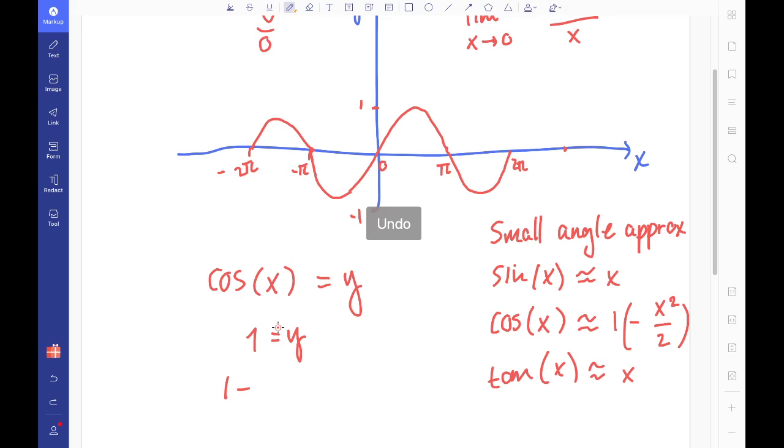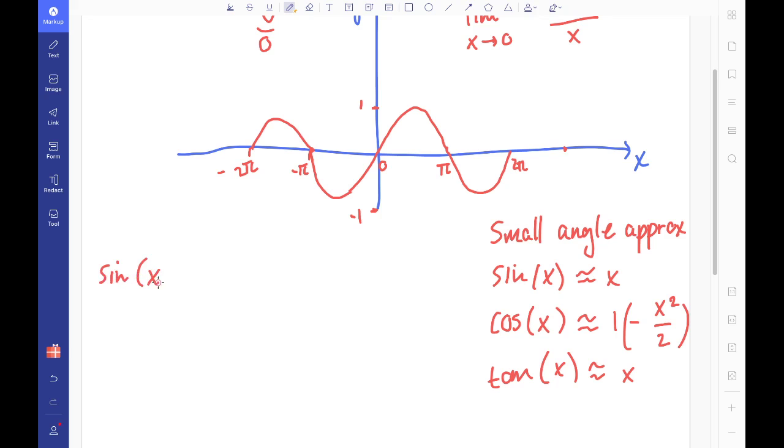Other students may have heard of the Maclaurin or Taylor series. So there are in fact series expansions for these functions, and they're a polynomial series. So you can actually say that sine x is equal to this infinite series that goes x minus x cubed over 3 factorial plus x to the 5 over 5 factorial minus x to the 7 over 7 factorial.